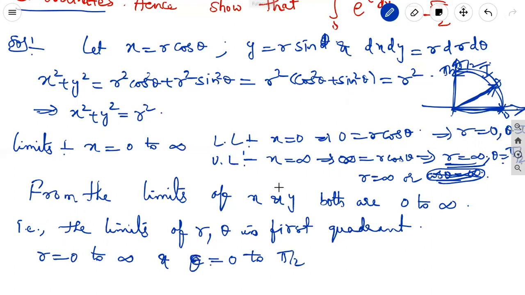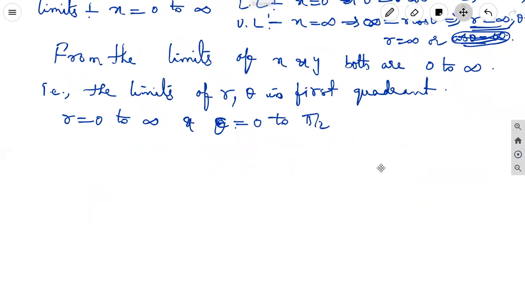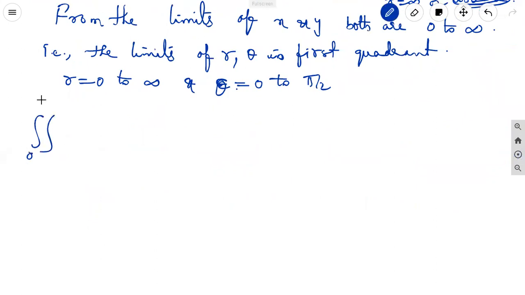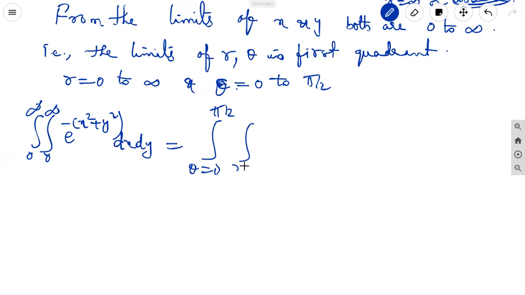These are the limits. Now we can write the given double integral, double integral 0 to infinity e power minus of x square plus y square dx dy, as theta limits from 0 to pi by 2, r limits from 0 to infinity, e power minus r square, and dx dy is r dr d theta.